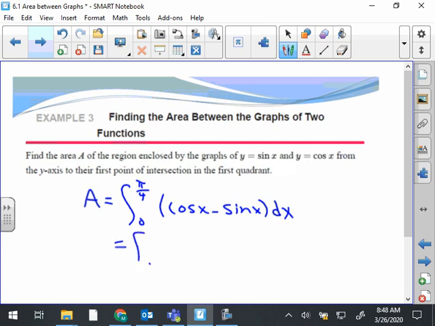Let's take the antiderivative of this, so we get the sine of x, because the antiderivative of cosine of x is the sine of x, and then plus the cosine of x. So remember, the antiderivative of sine of x is negative cosine, so negative cosine minus a minus is going to be plus. And we want to evaluate this at 0 and pi over 4.